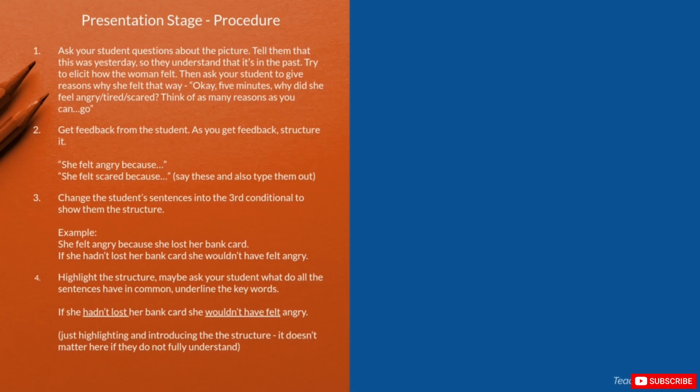They won't fully understand it, but they'll start to see that there is a common structure in all of these sentences. And again, it really doesn't matter at this point if they're still a bit confused. The practice stage will help them to reinforce this and to get more familiar with it.